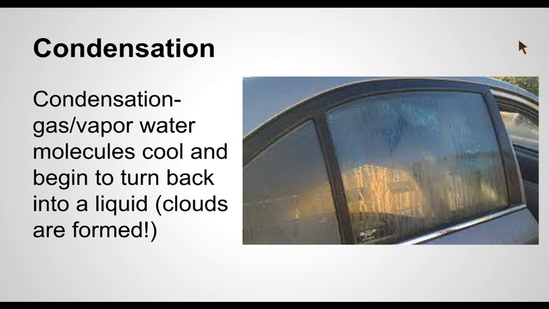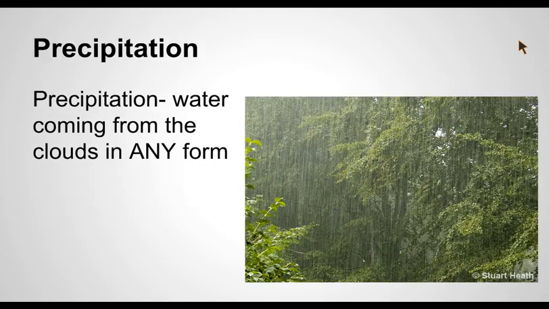Now the last stage, remember, not really the last stage because there's no beginning or end, but the last stage about which we're going to talk is what we refer to as precipitation. As these water vapors are turning into liquids in the cloud, they're taking up more and more space in that cloud. That space eventually runs out. Think about if we just kept adding students into our class over and over and over.